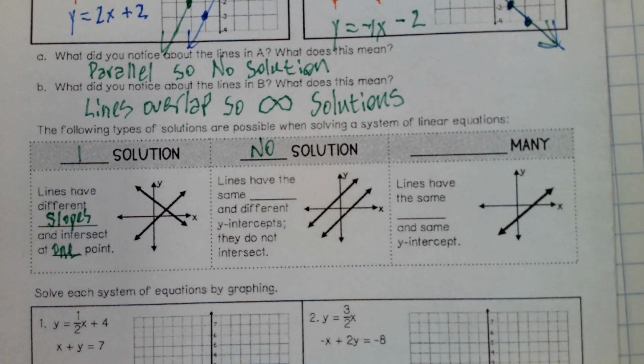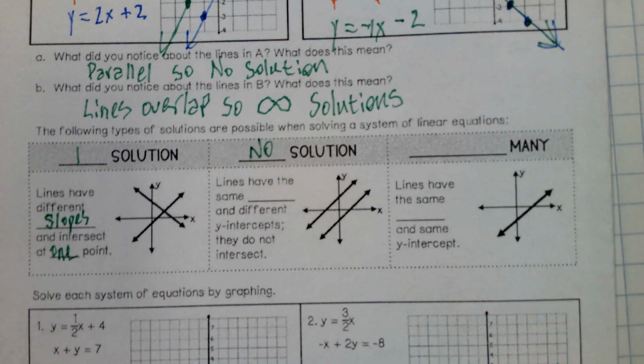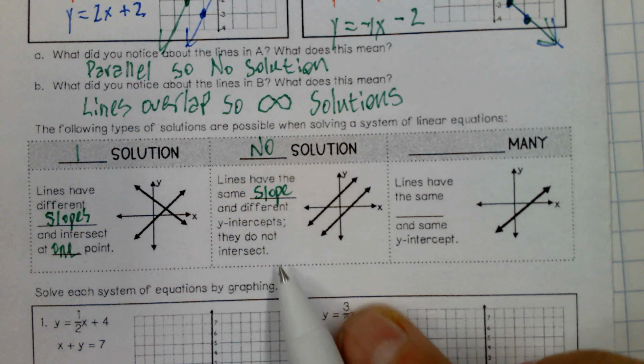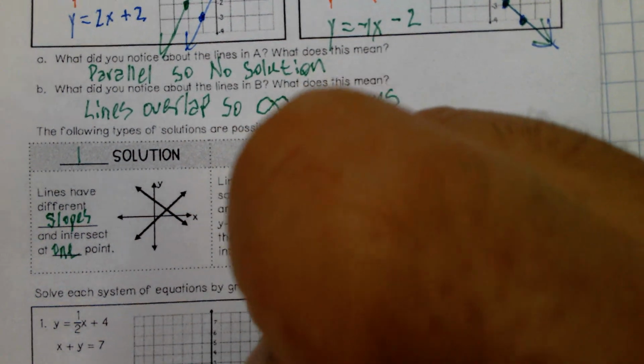You could have no solution when the lines have the same slope and different y-intercepts. They do not intersect. In other words, they're parallel lines.